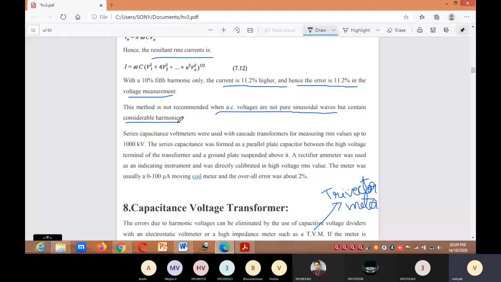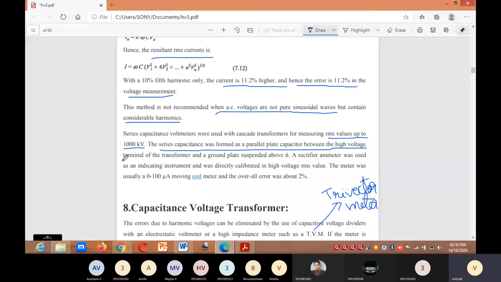Series capacitance voltmeters were used with cascade transformers for measuring RMS values up to 1000 kV. The series capacitance was formed as a parallel plate capacitor between the high voltage terminal of the transformer and a ground plate suspended above it.